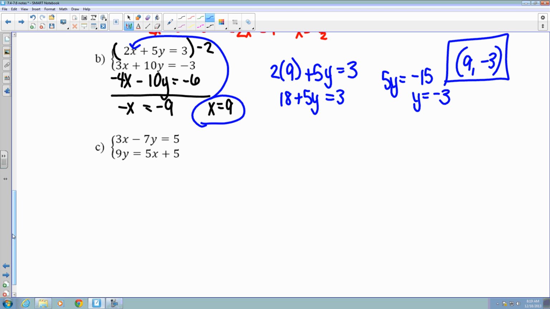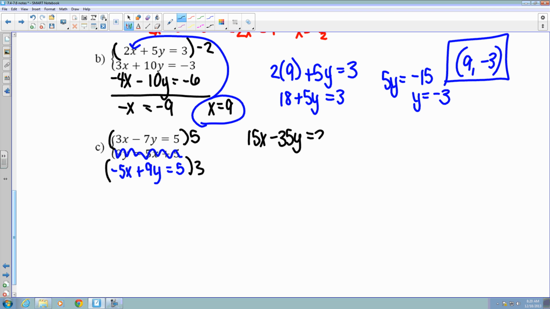C needs to be rearranged. And if I multiply the top by 5 and the bottom by 3, I'll get the x's to cancel. That is negative 8y.